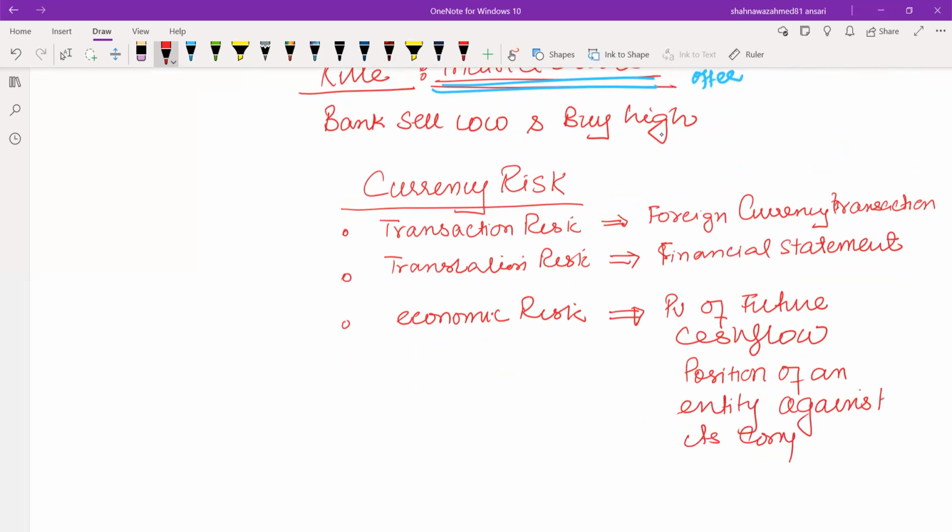Due to changes in the exchange rate, one company is getting some benefit and the other company is not getting that kind of benefit. So it affects the international competitiveness of a company.